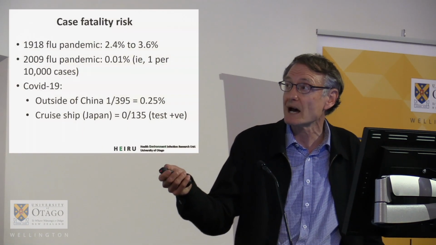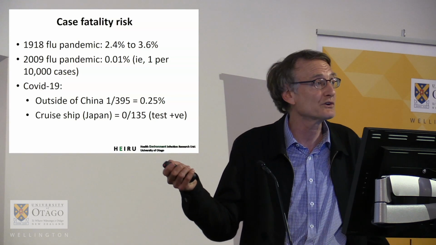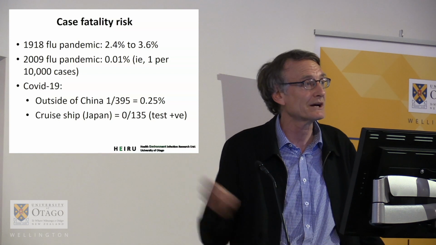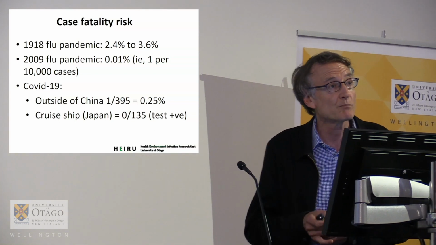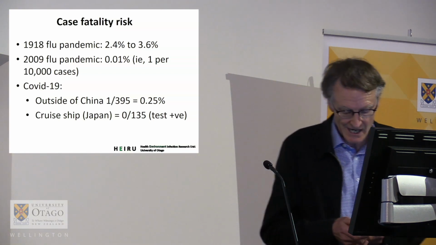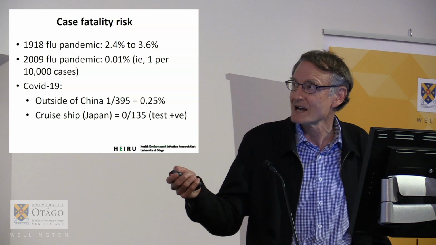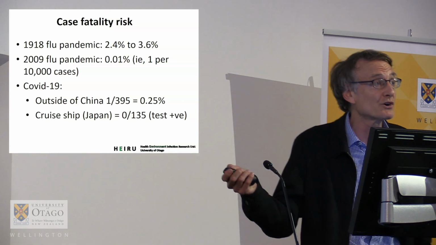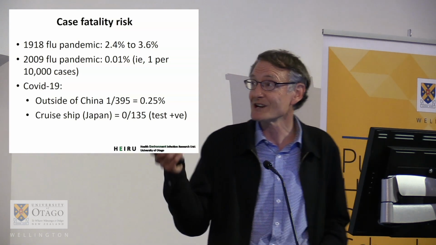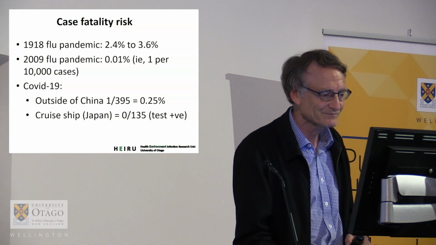Also reassuring, this well-studied cruise ship outbreak, only 0 out of 135 people have died. I mean, some are in hospital and may still progress, unfortunately, to death, but that is also reassuring. And also because, from what I know of cruise ships, there's some very elderly people on cruise ships and often very overweight people as well, so that's also reassuring.